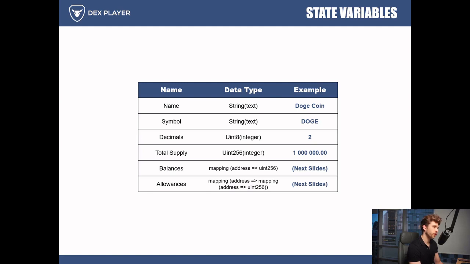This is used for representing the number of places used for representing fractional tokens. After that, we have the total supply, which is an integer as well, and it represents the total amount of tokens that can ever exist for a contract. After that, we have balances, which is a dictionary, and allowances, which is a dictionary of dictionaries. I'll explain in the next slide what those are.